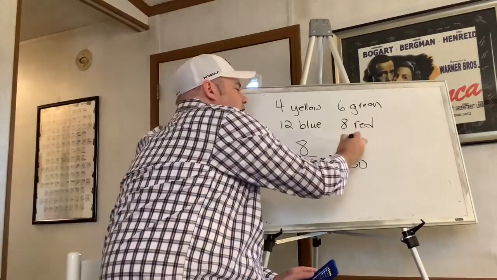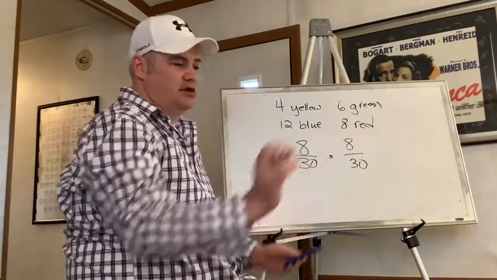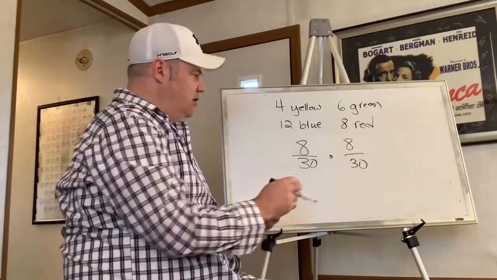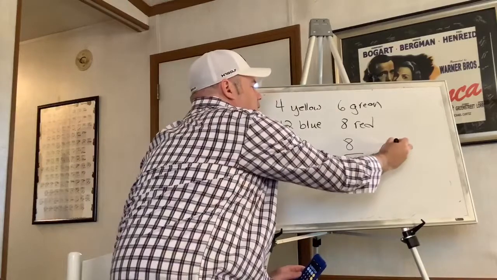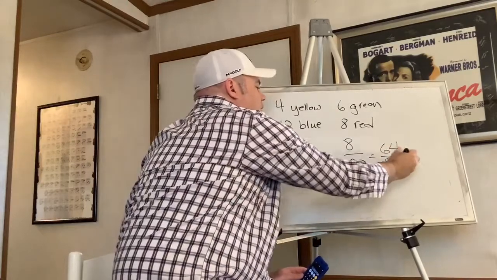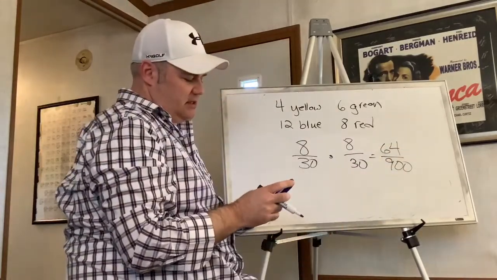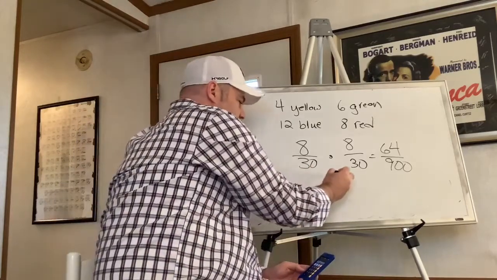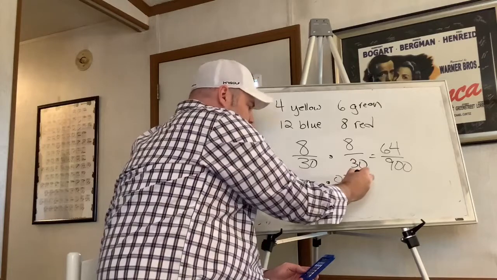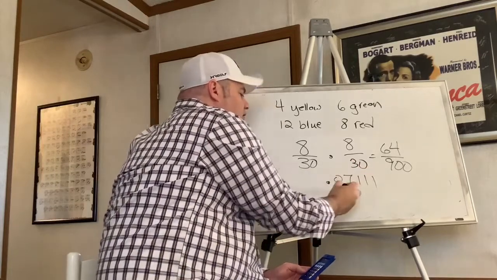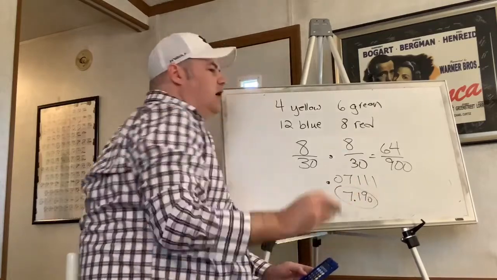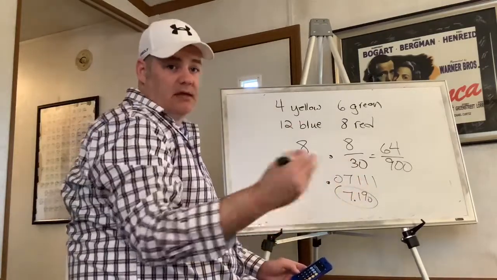Well, there's still 8 red in the bag. There's still 30 because you put it back, and that red one's still in there because you put it back. And so now you get 64 over 900. So we're going to take 64 divided by 900, and it comes to 0.07111. Move it twice, you got a 7.1% chance of drawing a red, putting it back, and then drawing another red.